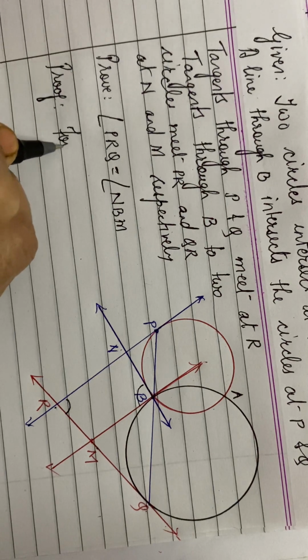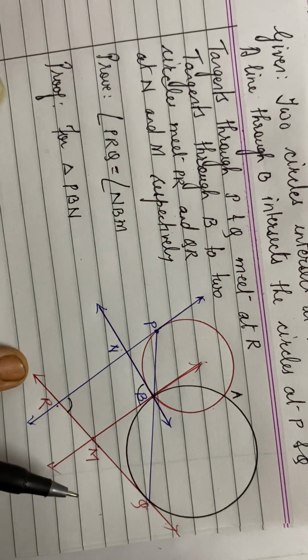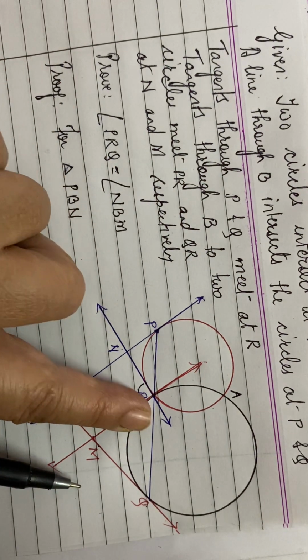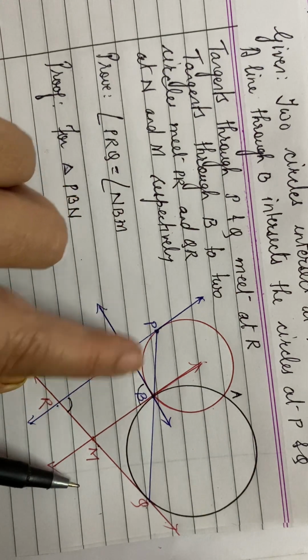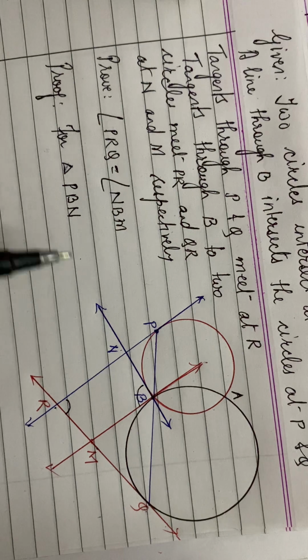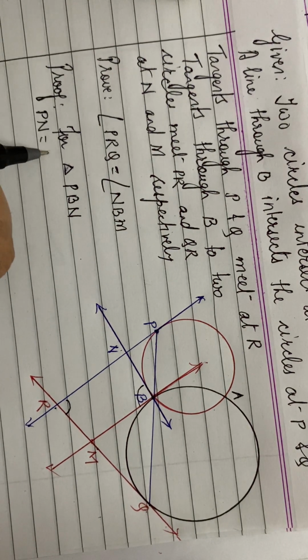For triangle PBN, which are the tangents? NP and NB. Tangents drawn from an exterior point to a circle are congruent. So for triangle PBN, PN is equal to BN.